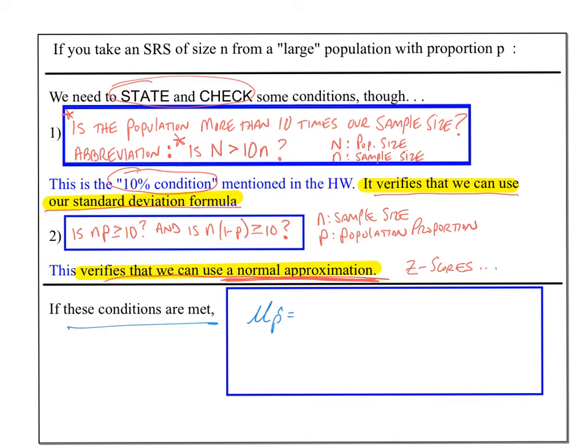So, if both of those conditions are met, then we get to use these formulas. Mu of p hat will equal p. So that means the mean of our sample proportions will equal the true population proportion.